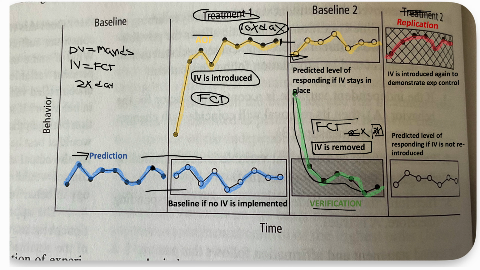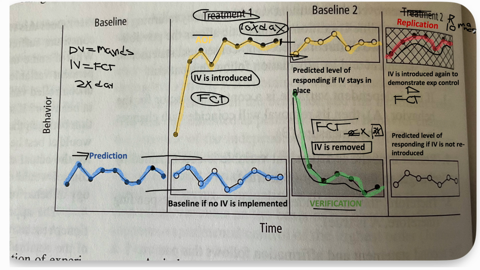So now that we have gotten to 3 times per day, we tell the parent, now I am going to introduce my intervention again, and I'm going to show you that the behavior is going to increase again. So see, we are back at 10, if not more, mands per day.